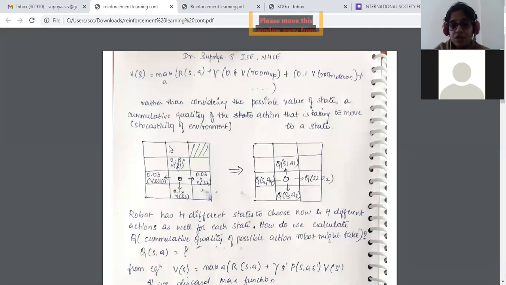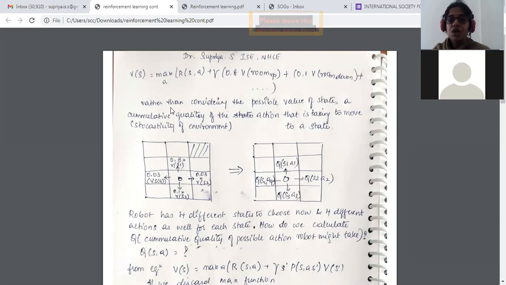So what am I going to do from this model? I am going to move to a model where the robot, by only quantifying the action performed, Q of S1 comma A1, Q of S2 comma A2, Q of S3 comma A3, Q of S4 comma A4, can take the decision. How would I get to know the value of it?